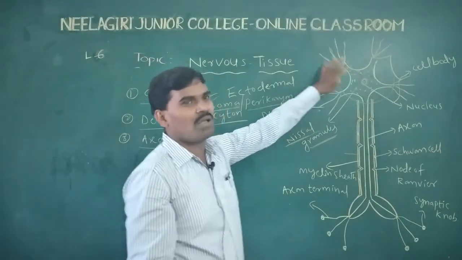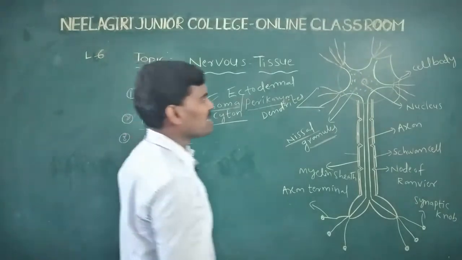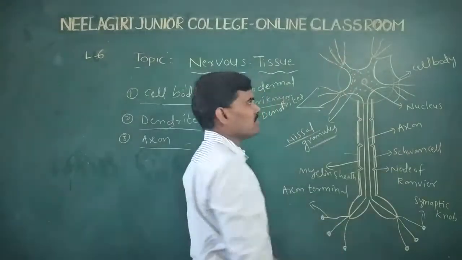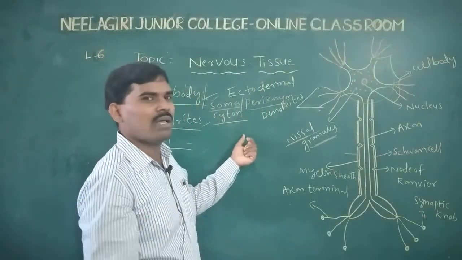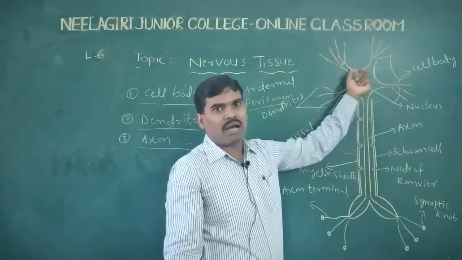The short branched parts are called dendrites. Dendrites arise from the cell body, or soma.